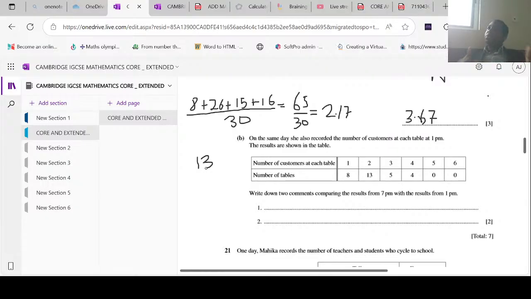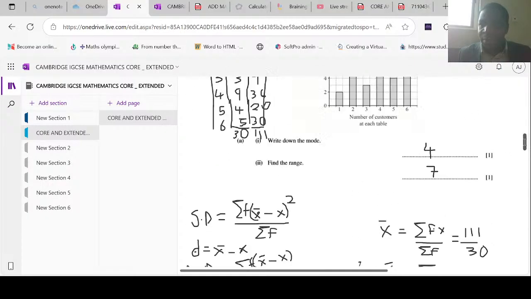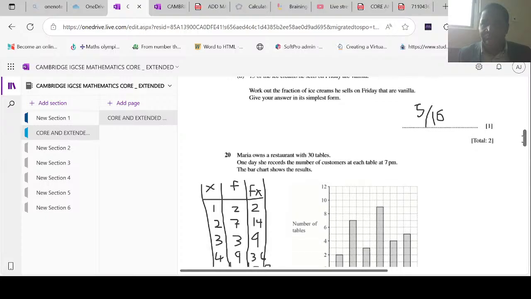So your comment should be based on the context, but you are still going to use the same idea. So who can give us the first comment? You might want to go read it again. Maria owns a restaurant with 30 tables. One day, she records the number of customers at each table at 7 p.m.